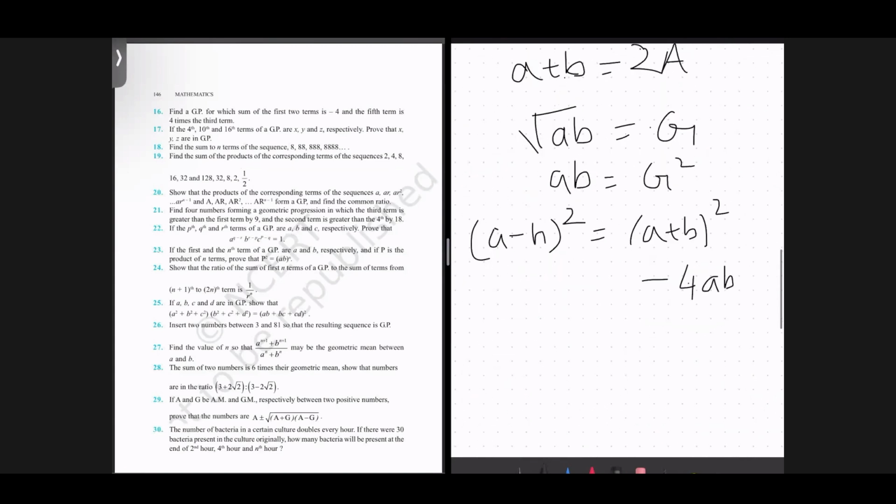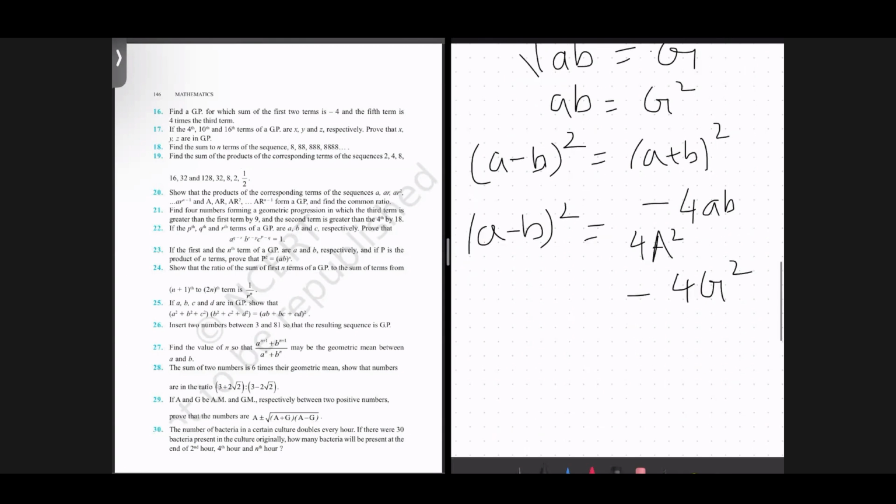So (a−b)² is going to be (a+b)², and that is nothing but 4A², because a+b is equal to 2A, and in here you have minus 4G². Correct, because root ab was G, so ab is equal to G². So (a−b)² is going to be 4(A²−G²).